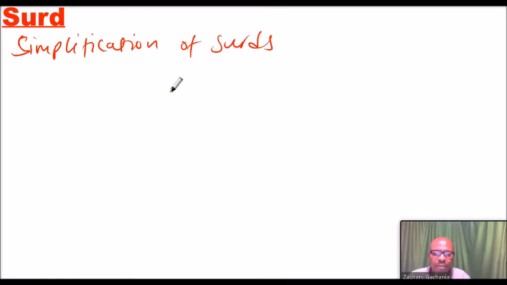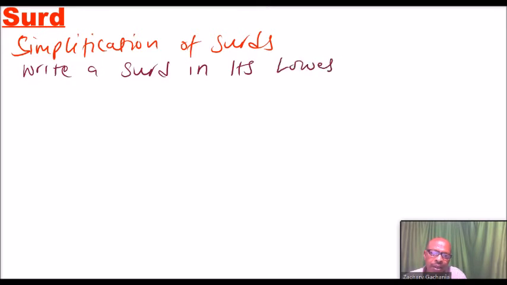And therefore, to simplify a Surd is to write a Surd in its simplest form. And I'm going to show you an example of how we do that.